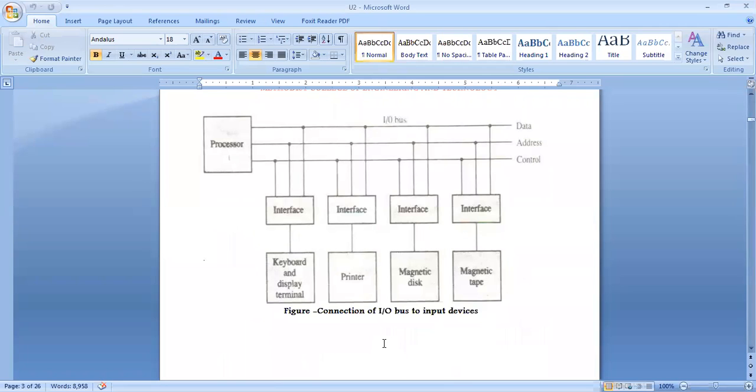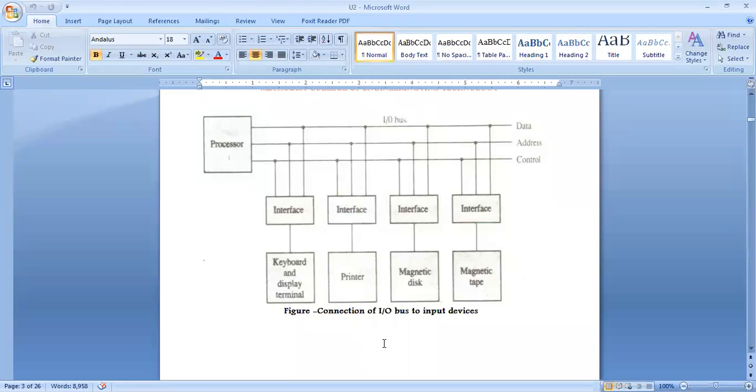I told you in the class, the processor is developed in digital circuit format, and the keyboard, display terminal, printer or magnetic disk are developed in electromechanical form. These two cannot communicate with each other.